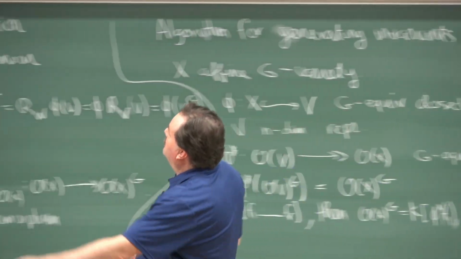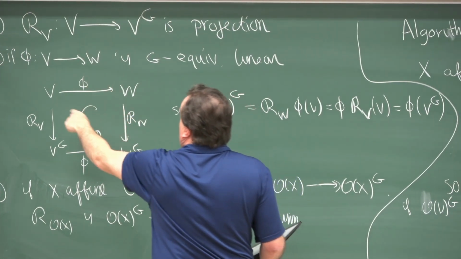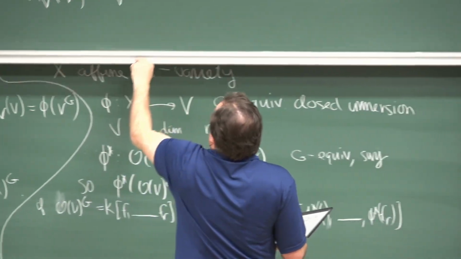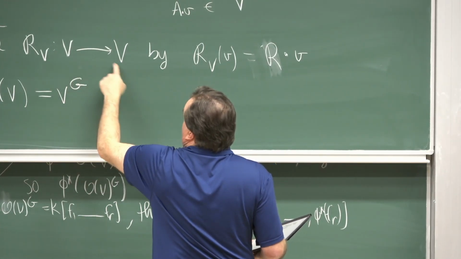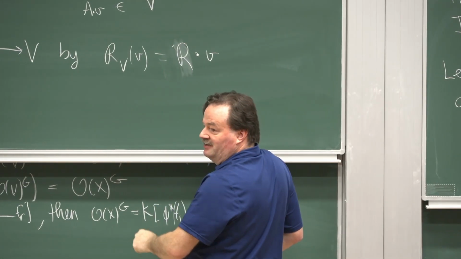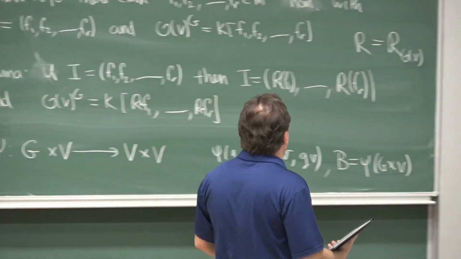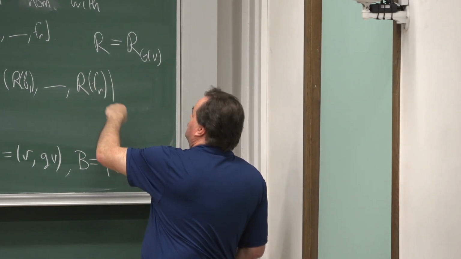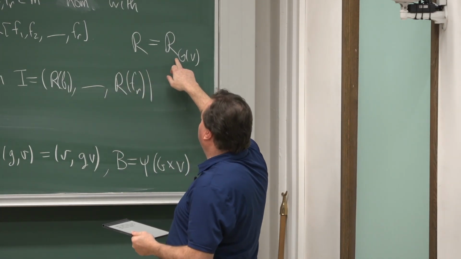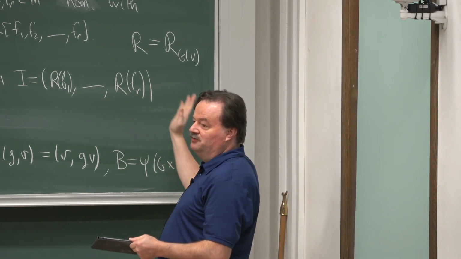If you have this Reynolds operator, it lies in O(G) dual space, but this Reynolds operator acts on any representation, and this action I denote by R_V. Sorry for being confusing, but this R that I wrote here really is this R_{O(V)}. It's the projection of the polynomial ring onto the invariant ring.